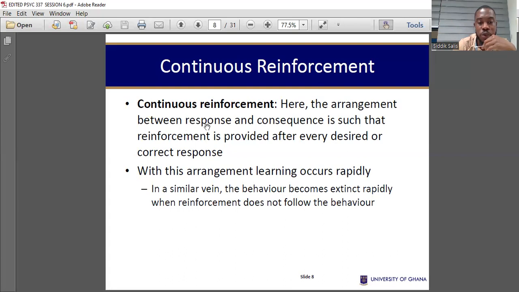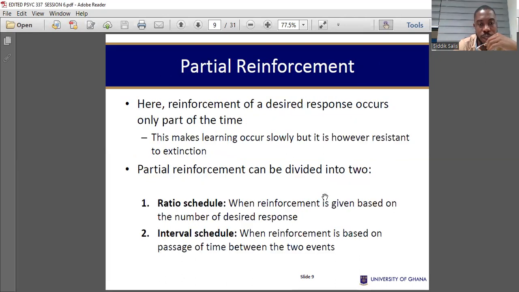The arrangement between response and consequence is such that reinforcement is provided after every desired or correct response. That's all. When you use continuous reinforcement, learning occurs rapidly. Let's move to the next one.